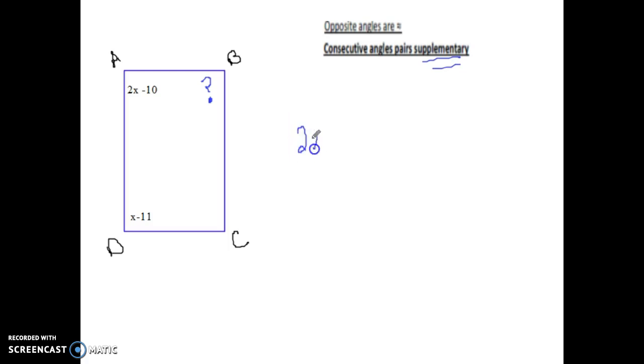I'm going to say that 2x minus 10 plus x minus 11 is equal to 180 because they're supplementary. But now that I have my equation, I'm simply going to solve for x. So the first thing I want to do is combine my like terms. So I have an x here and a 2x here.